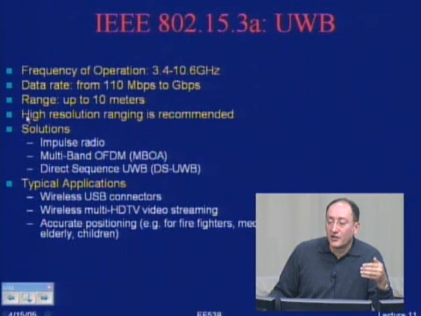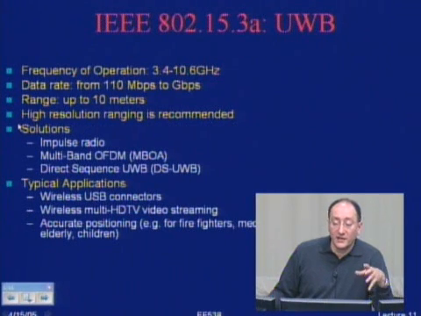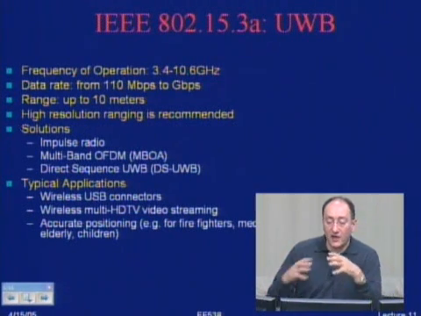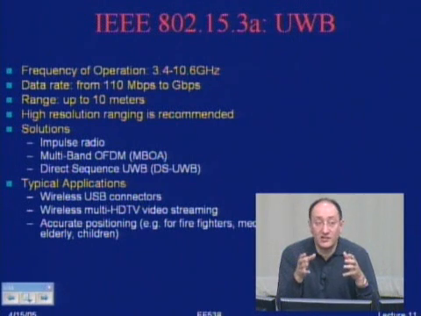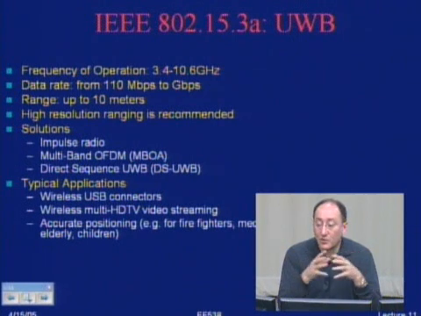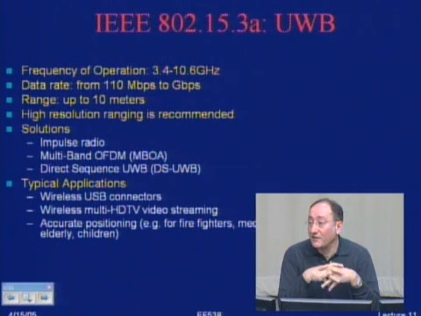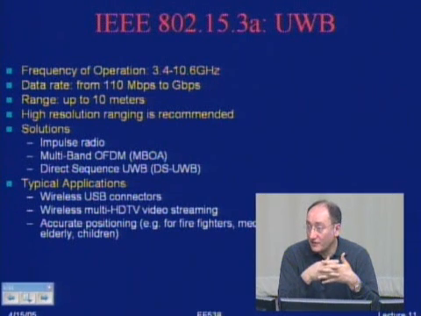Another issue for 802.15.3a is that when you have ultra-wideband, everybody thinks that the wider the bandwidth, the more accurate the positioning. So they expect that they will have more accurate ranging.